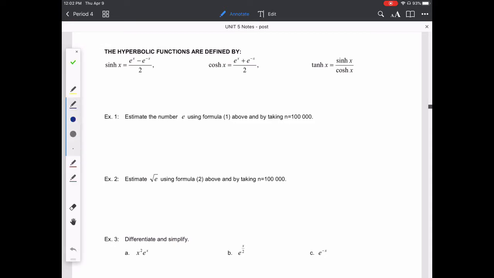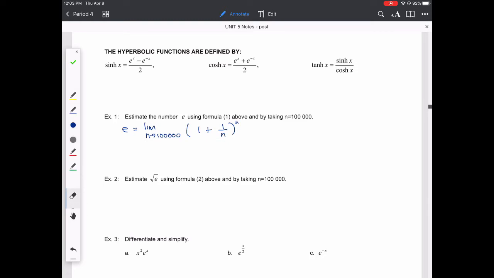So here we go. It says estimate the number e using formula 1 above, by taking n equal to a larger number, in this case 100,000. In essence, e is equal to the limit as n approaches infinity of (1 + 1/n)^n.